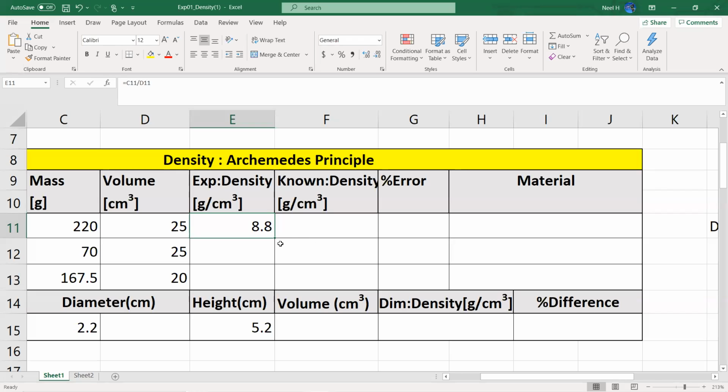Bring the cursor on top of that. The cursor sign should change into a plus sign. Then you click with your left hand finger on the touchpad and drag with the right hand finger. Then you can see that green line slowly moving downward. And then let it go. Then it will do the calculation automatically.